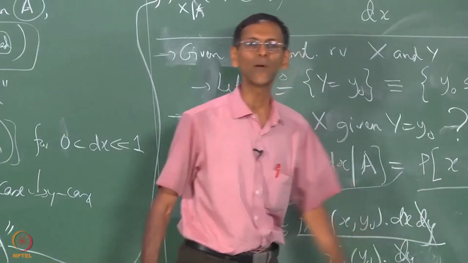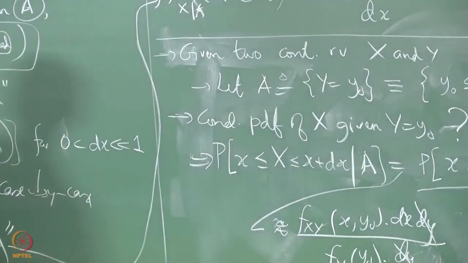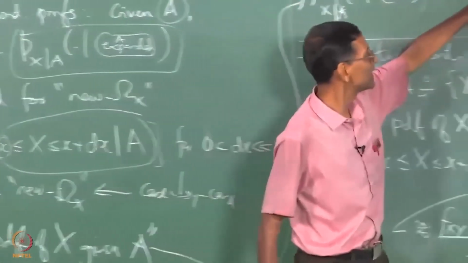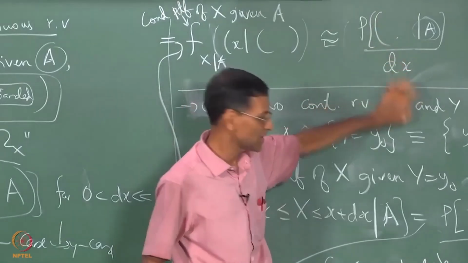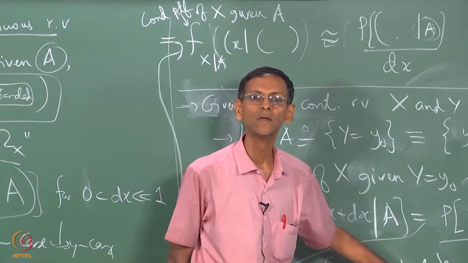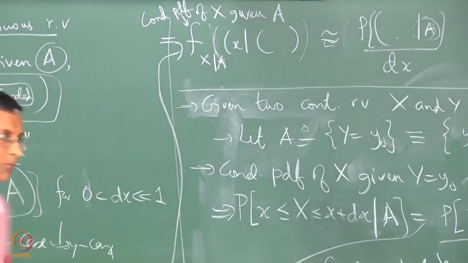It may not have the dy, but it has a dx, which is only to be expected because this dx is here. Now the density function is that differential conditional probability divided by dx. So that will get rid of this dx here. And if you collapse it all down to 0, what are you left with?